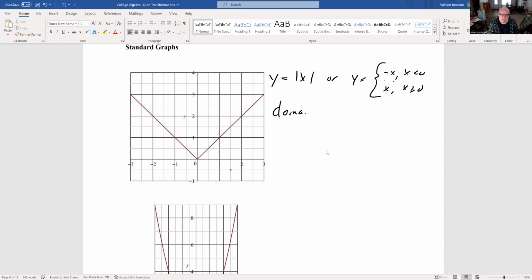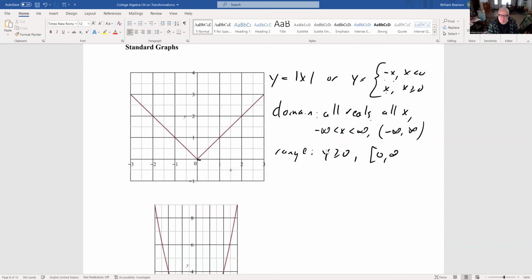Domain, there are a lot of different ways to write this. You could write it as all reals, all x, minus infinity less than x less than infinity, or in interval notation like that. Range, however, is y greater than or equal to 0, because the bottom point is at 0, or 0, infinity.